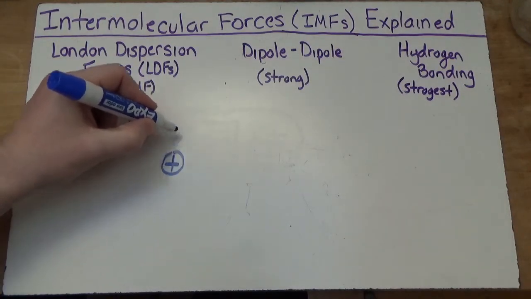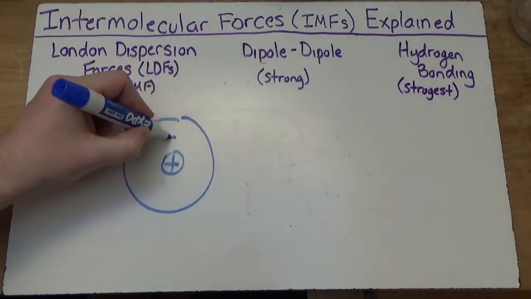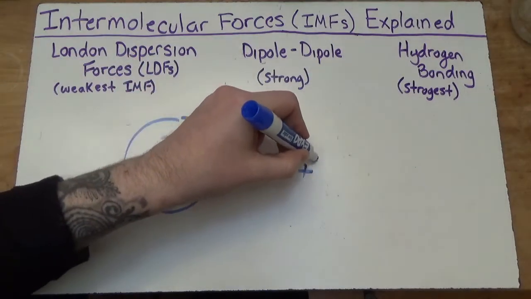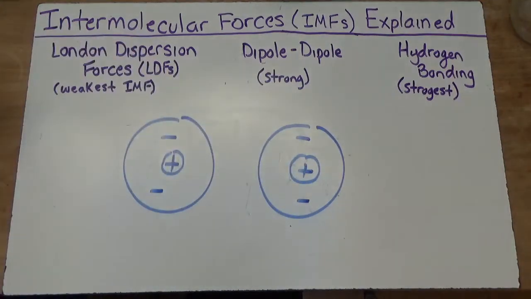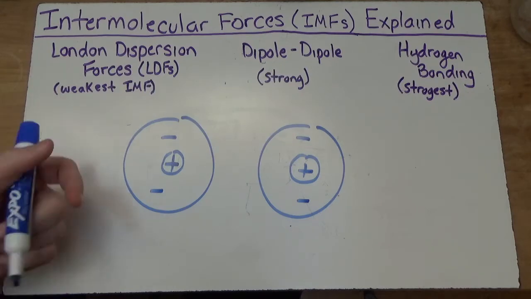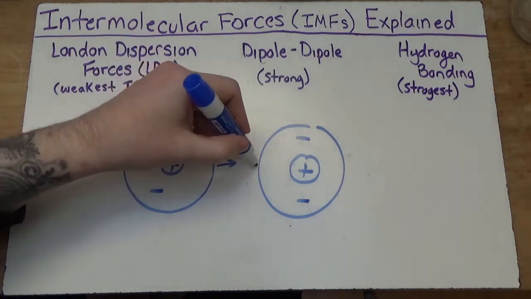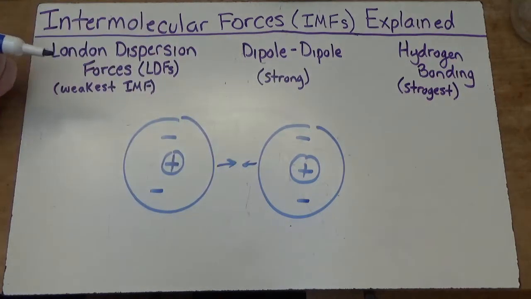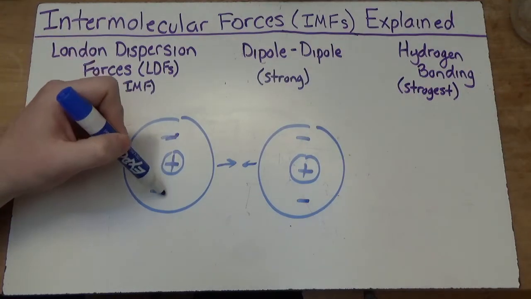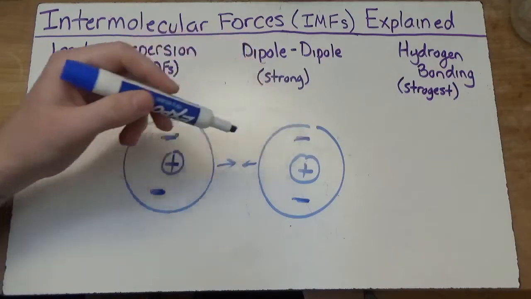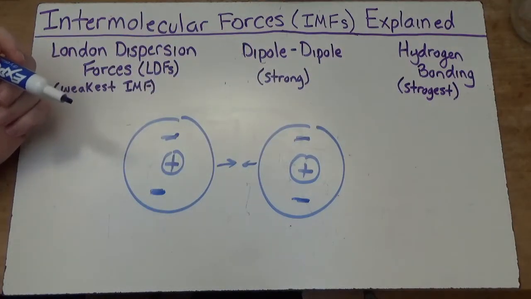Alright, so let's think about it. If I have two helium atoms that are next to each other, we can think about what's going to happen as they get closer and closer. First thing that's going to happen is you're going to notice that both of them have electrons, and those electrons are going to repel each other.